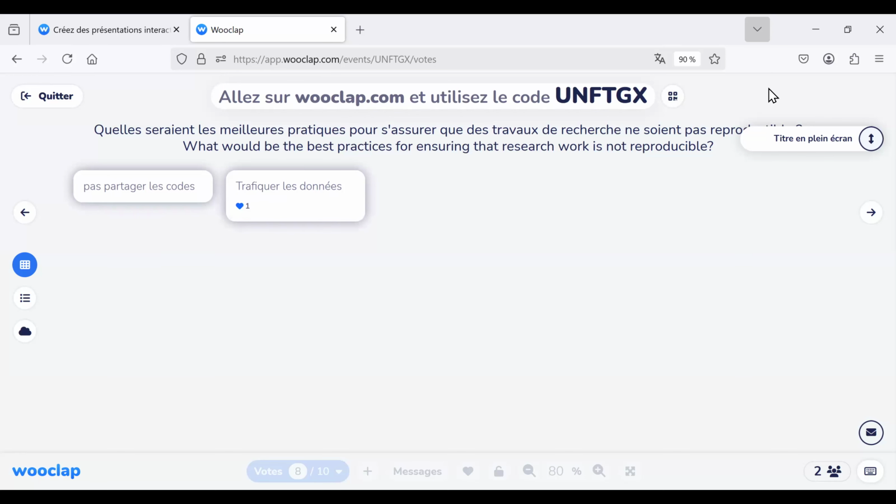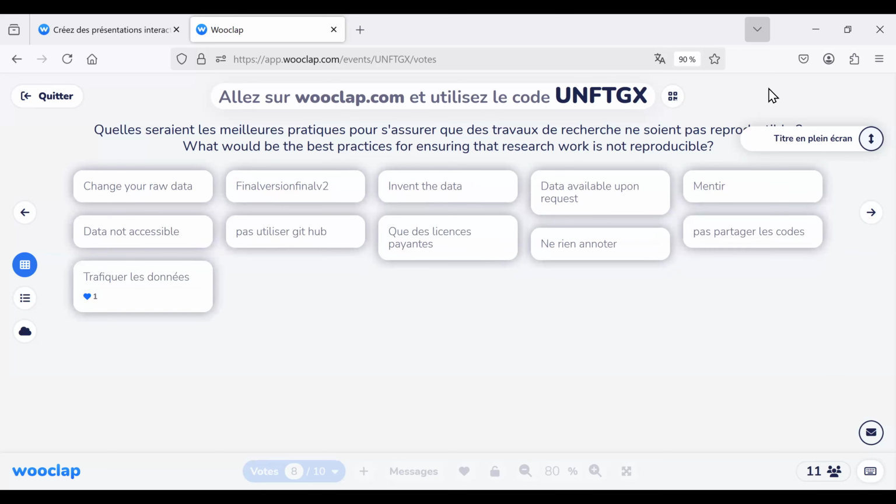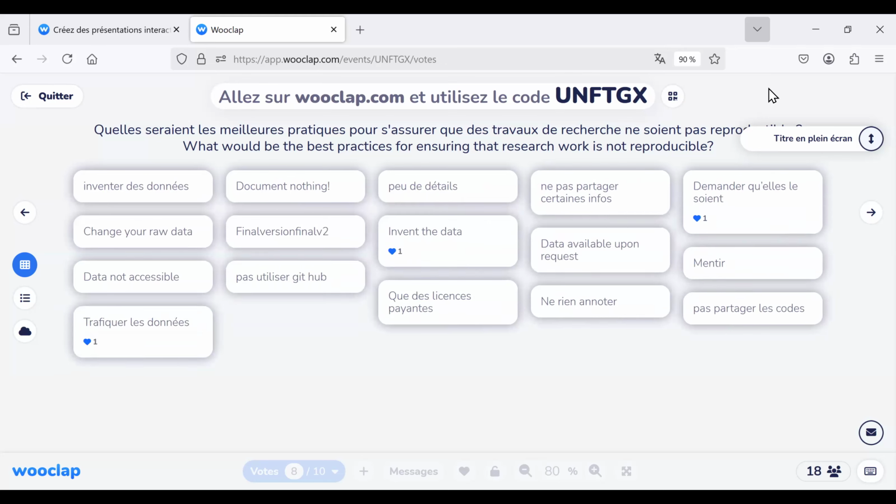Trafiquer les données, ça c'est très bien. Que des licences payantes, oui, ça c'est bien aussi. Sans que ça vous amène en prison.